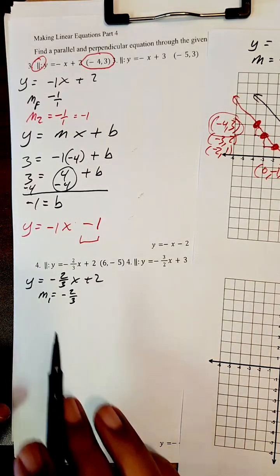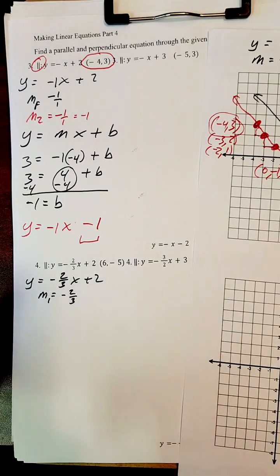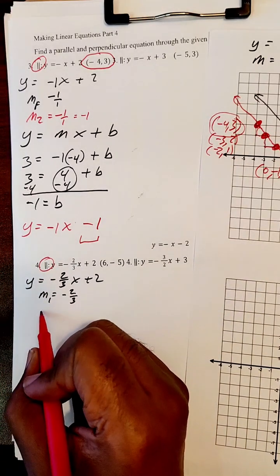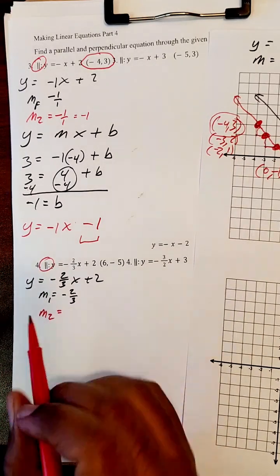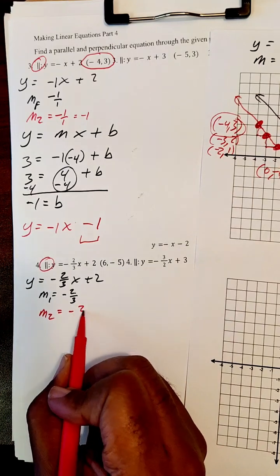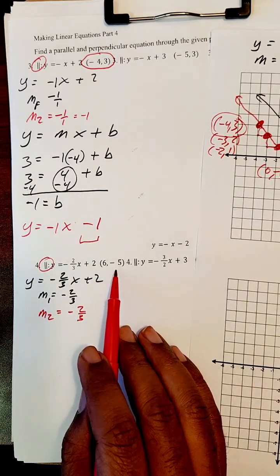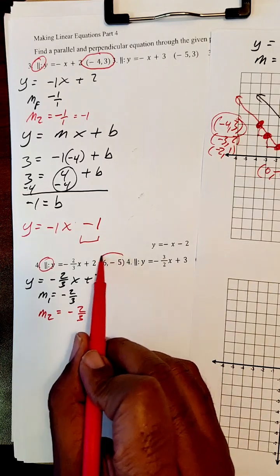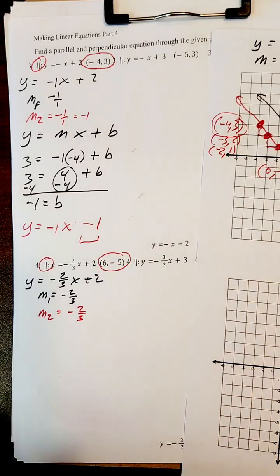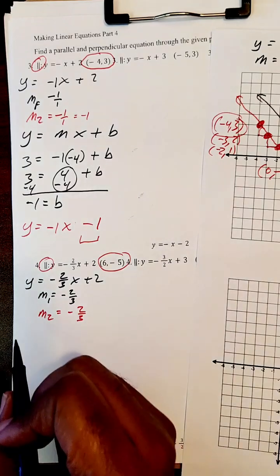Now, we want to create a new line that is going to be parallel to this equation. So its slope is going to be also negative 2/3. But it's going to go through the point negative 6, negative 5. So let's create an equation that will do all of this.